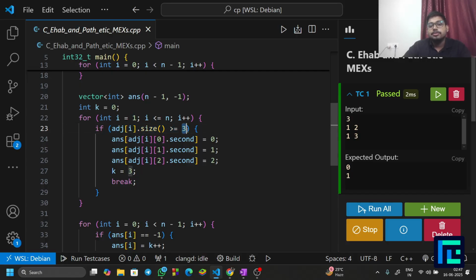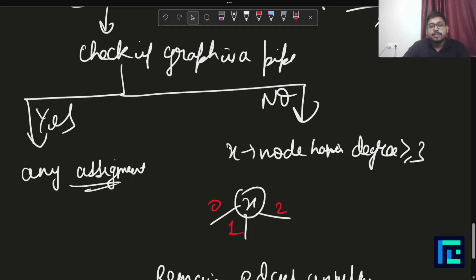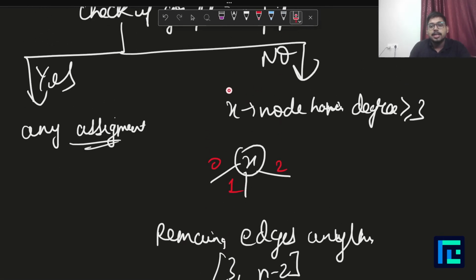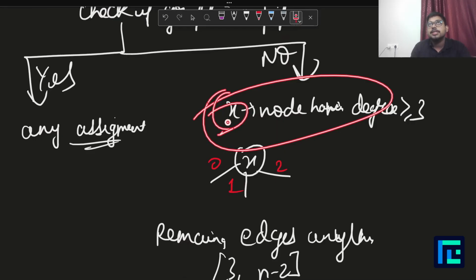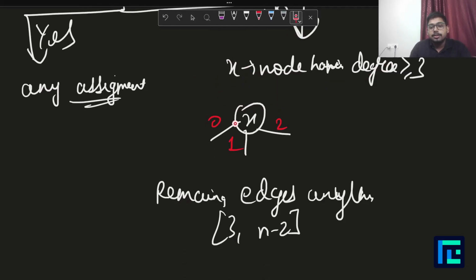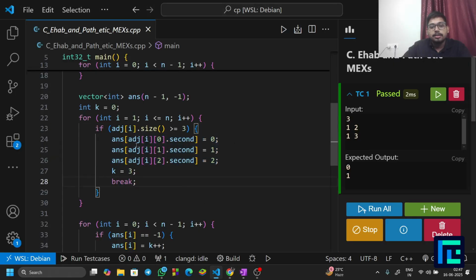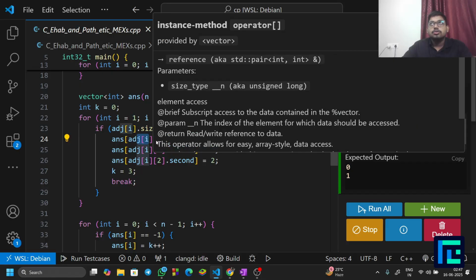If the degree of that node is greater than or equal to 3, that means it is not a pipe. So x is the node which has degree more than 3. All the three edges adjacent to node x would be assigned 0, 1 and 2. So the node adjacent to i is x here. adjacency[i] stores the vector of edges adjacent to i.